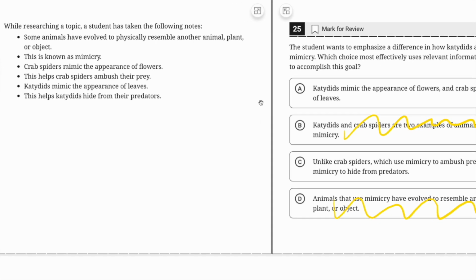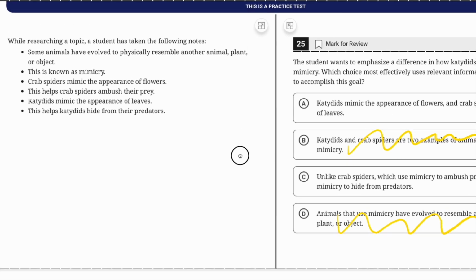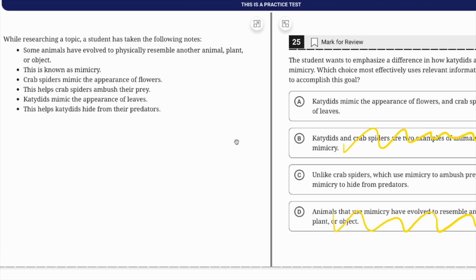If somebody were to ask me, how do I annotate on the screen? I use this app called OpenBoard. I don't have an endorsement deal with them, but how do I do it? So I use this app. How do katydids use mimicry? I mean, I don't think that's a big difference.